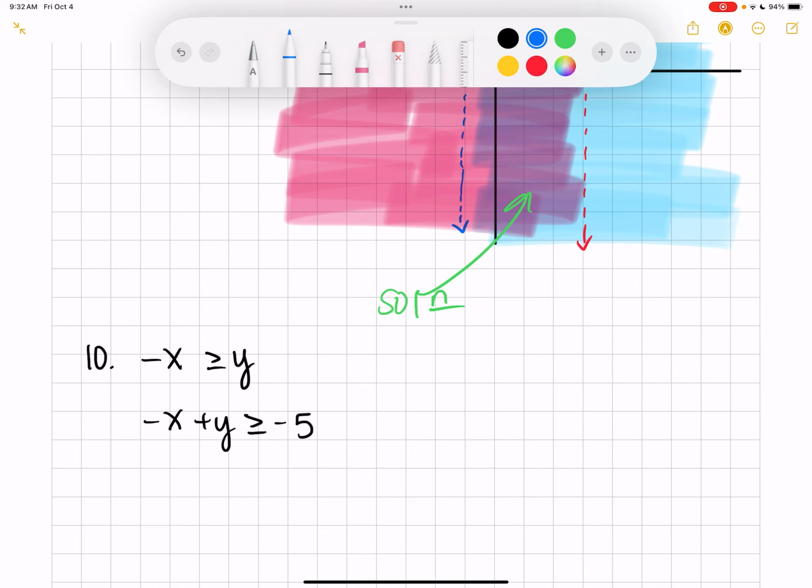I'm going to completely flip this top one so that it's in the normal order. So y is less than or equal to -x. Notice I didn't change that, I just flipped the whole thing over. On the other one, I'm going to move the x over. So y is greater than or equal to x minus 5.